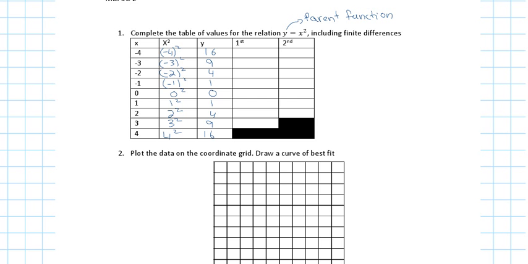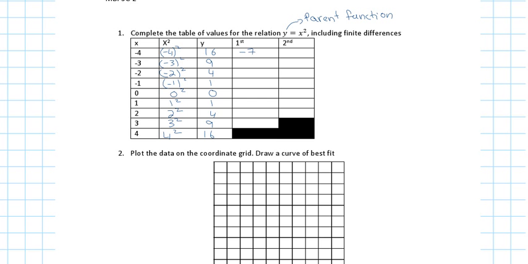They're asking me to find the first and the second difference if needed. We know we're going to need the second difference because it's degree 2, it's quadratic. But let's first find the first difference. 9 take away 16, -7. Right?